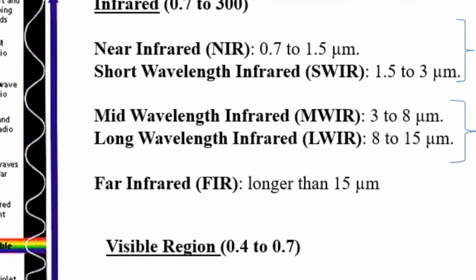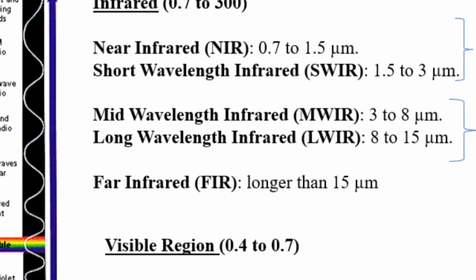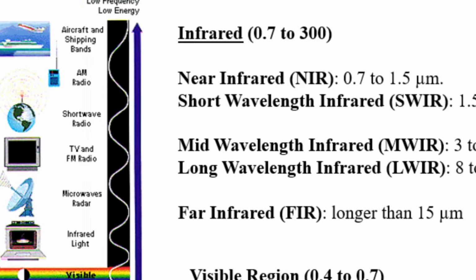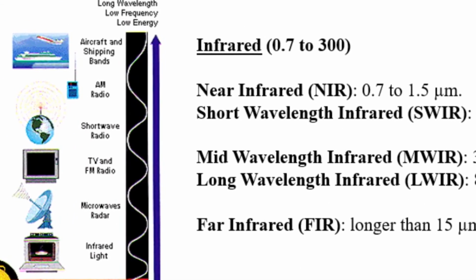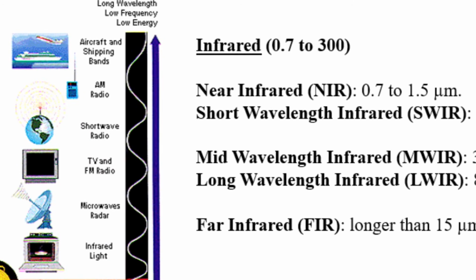The first is the near infrared and short wave infrared, then mid wave infrared, long wave infrared and far infrared. The longer wavelengths beyond these regions are referred to in units ranging from 0.1 to 100 cm.